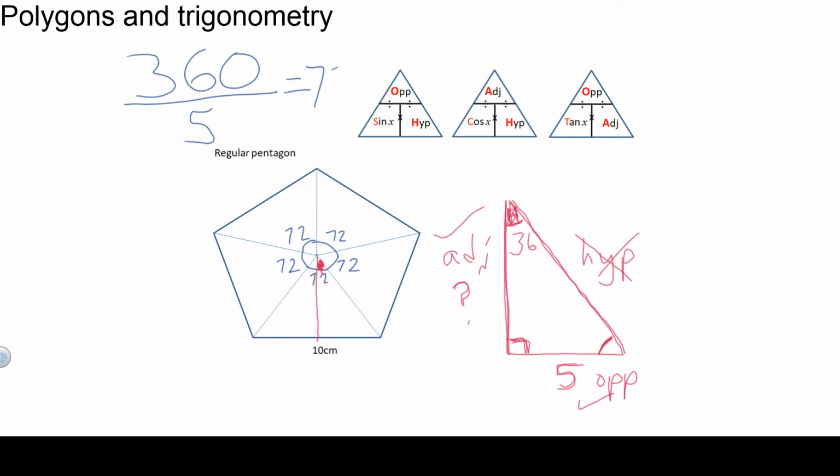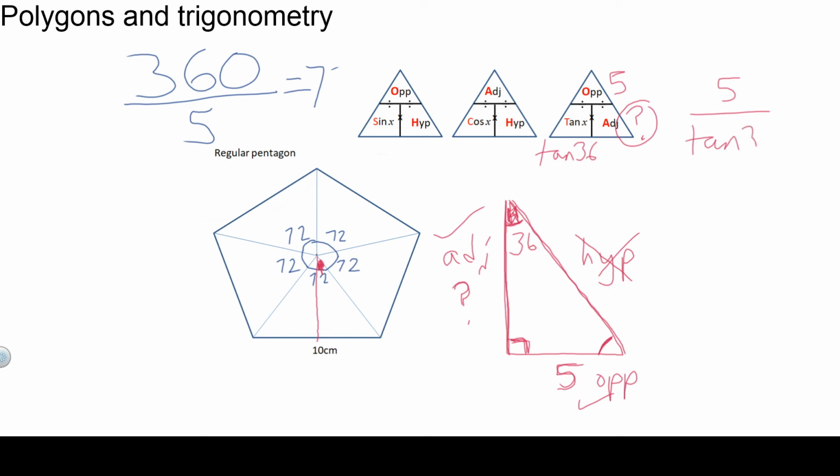So now what I will do is substitute the numbers in. Opposite is 5. Adjacent is the question mark there. And tan x is actually tan 36. So now to find the adjacent, we do 5 divided by tan 36.